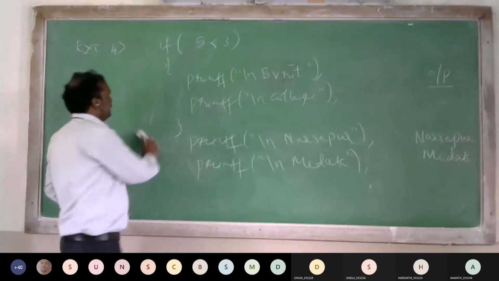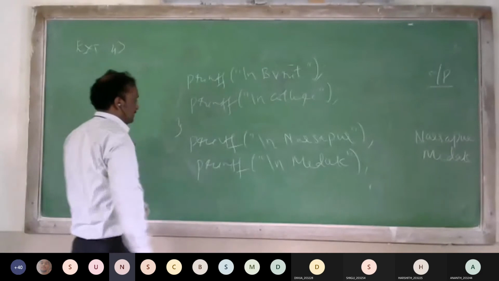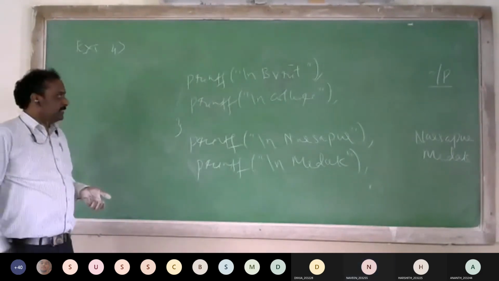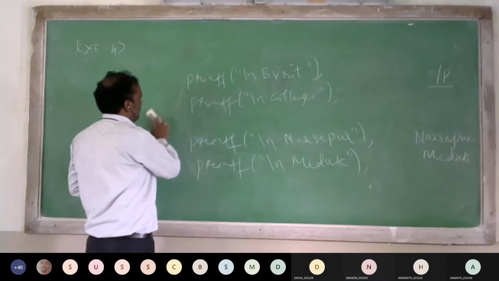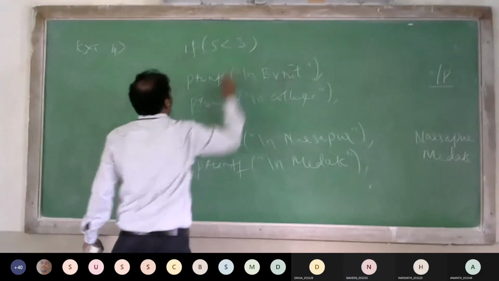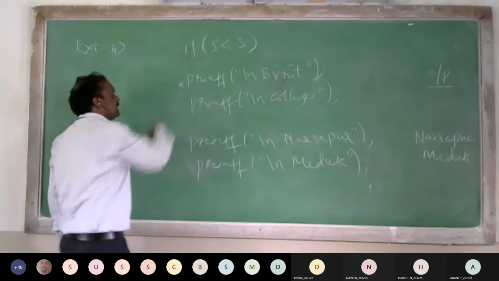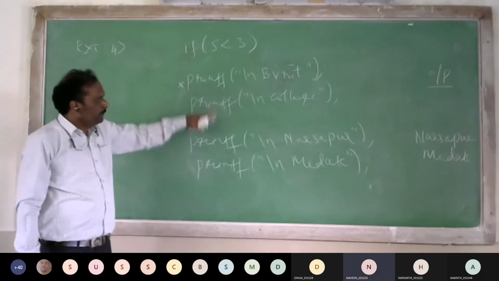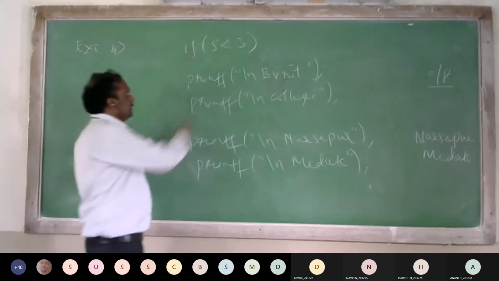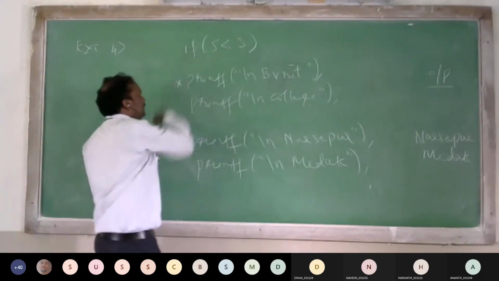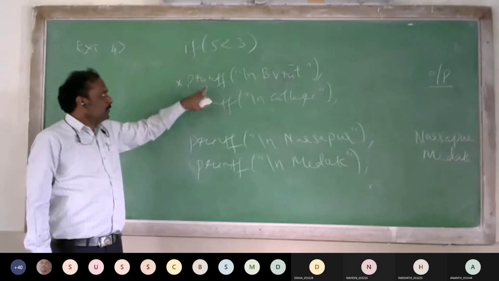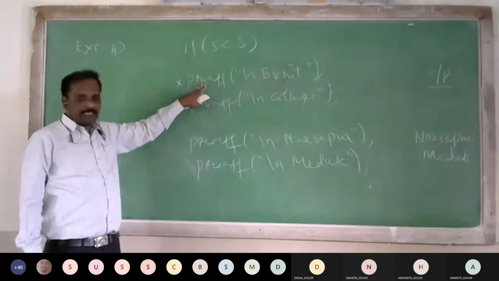Sir, in this very example, if we did not have the block, then none of this would happen, no sir? No. If you have not written the block and the condition is false, then only statement 1 is not executed.